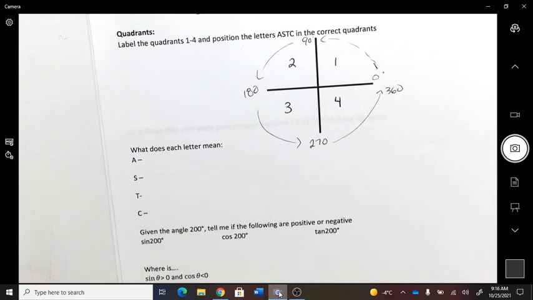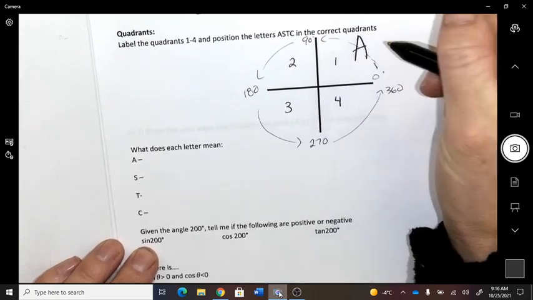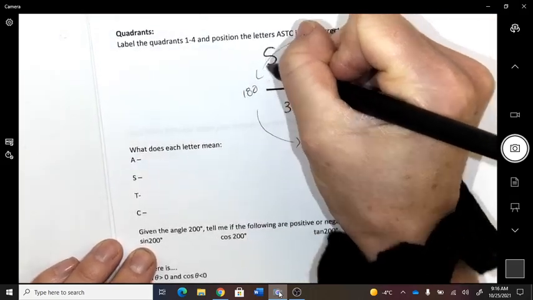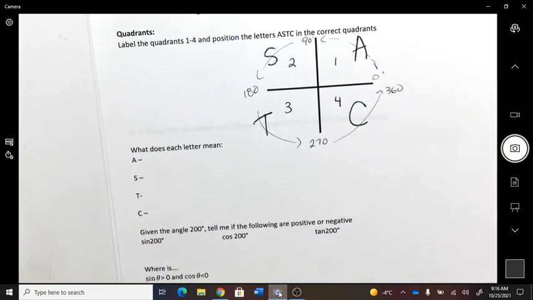Okay, you're going to hear me refer to this little acronym I call ASTC. So in quadrant 1, I put an A, and then an S, a T, and then a C. ASTC.